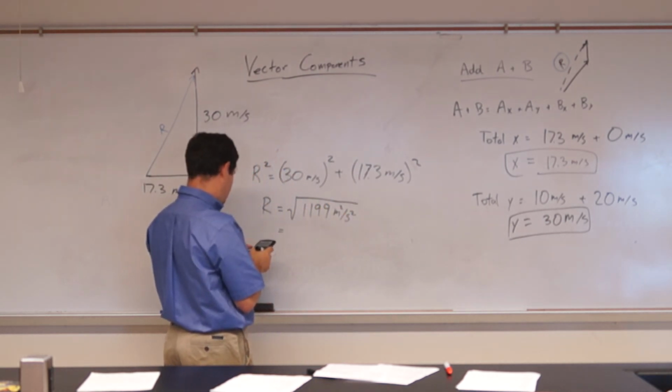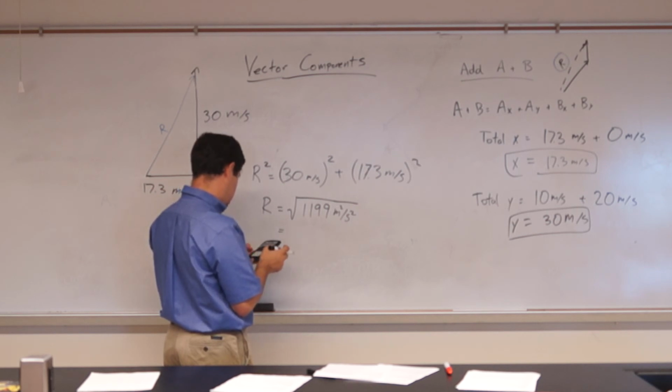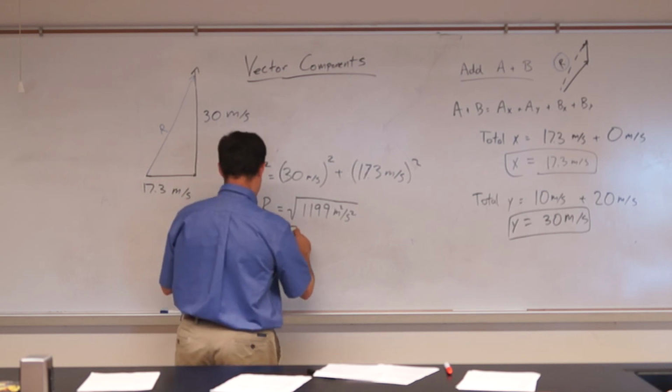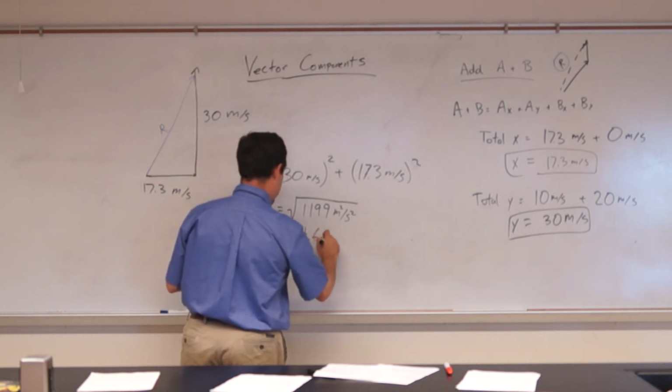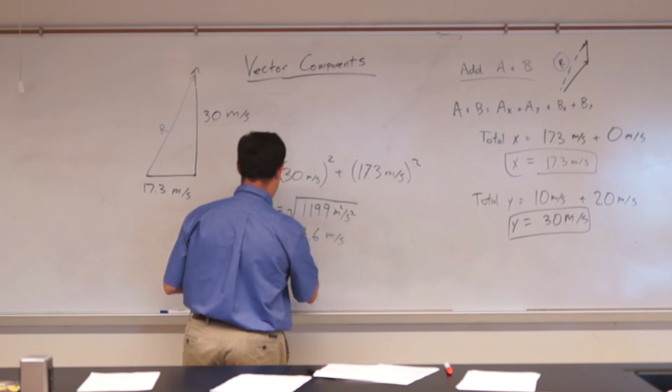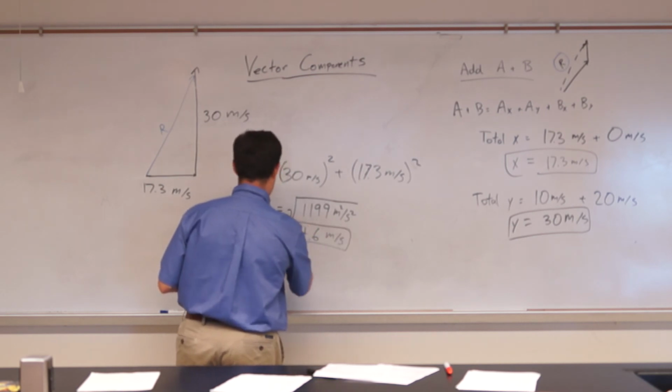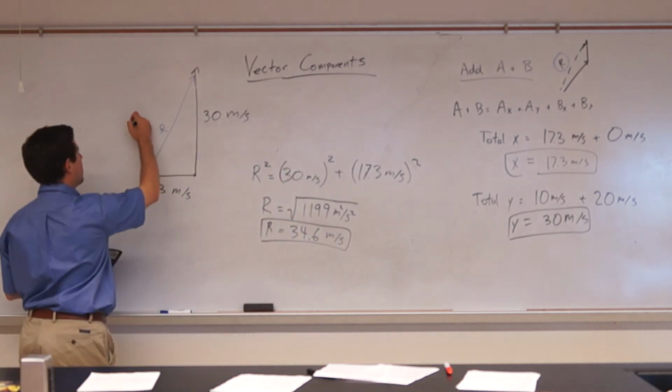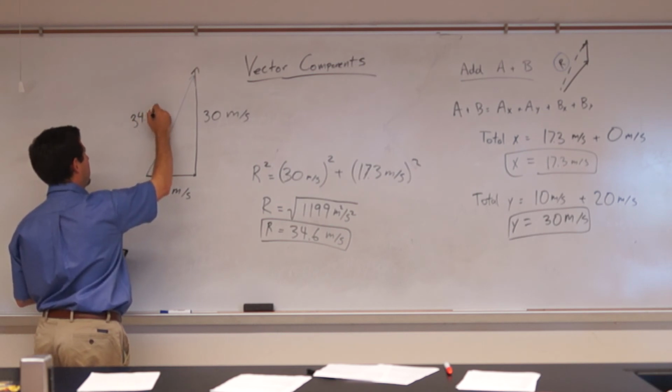So R is then equal to the square root of that, or 34.6 meters per second. So you know this is 34.6 meters per second.